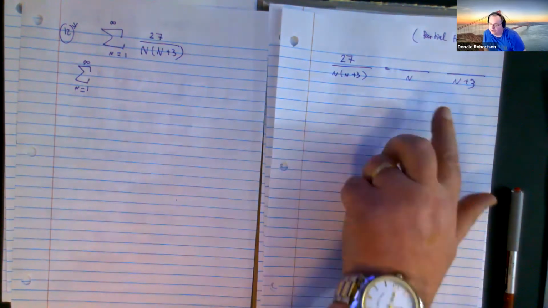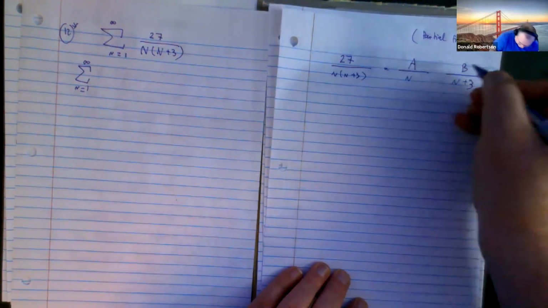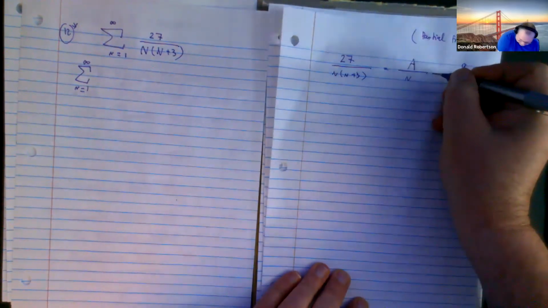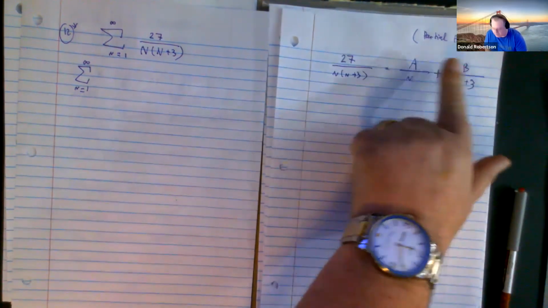It was a special situation where you wanted to integrate an ugly fraction, and the best way to do it was to break it into 2 pieces called their partial fractions. And there's a number A here and there's a number B here. These will be numbers. And I can tell you right now, technically you should put a plus there, but it's going to be this guy take away that guy. I know it because it's a telescoping series and that's what they look like.